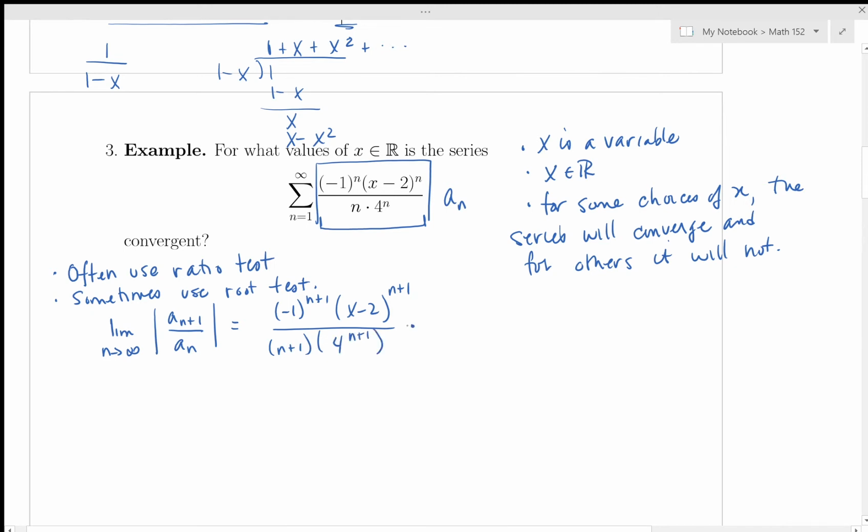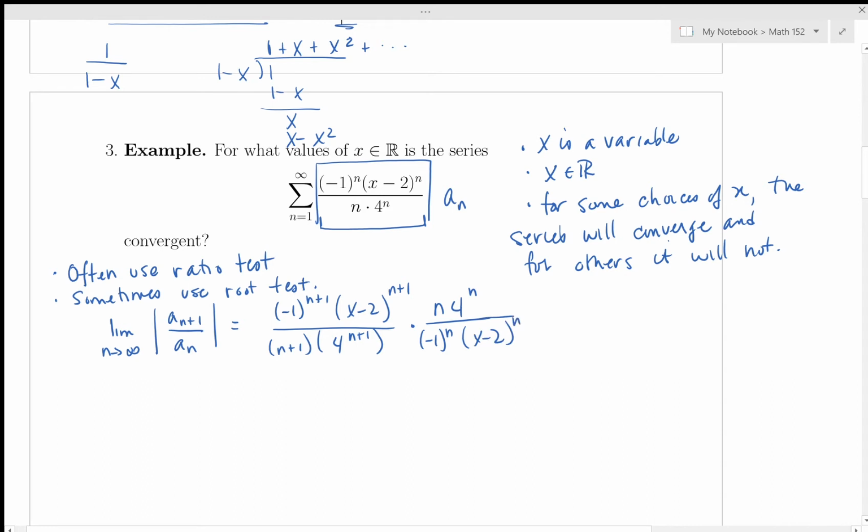And then I divide by AN, which I'm multiplying by the reciprocal here. It is 4 to the n. And then we have minus 1 to the n, and we have x minus 2 to the n.